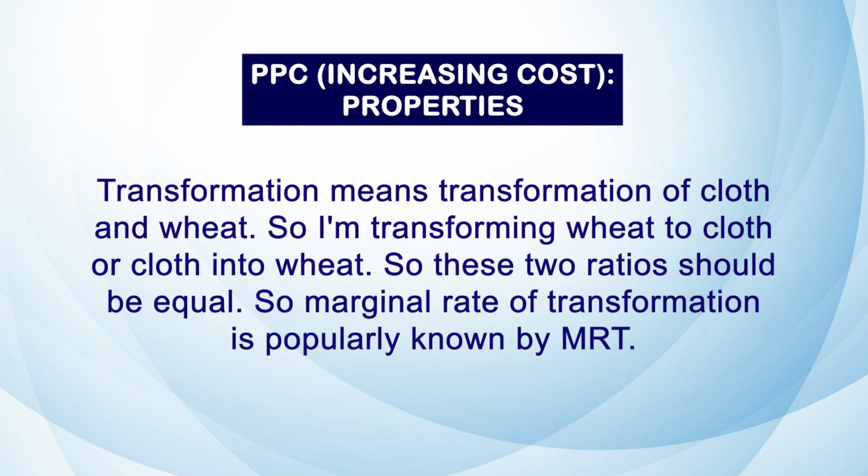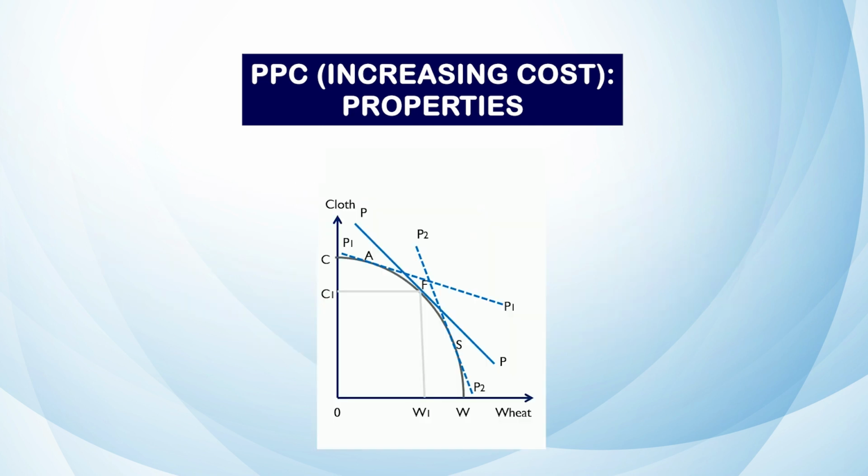So I am transforming wheat to cloth or cloth into wheat. These two ratios should be equal. The marginal rate of transformation is popularly known as MRT. That should be equal to the price ratio at point F. If this is the case, then the equilibrium will take place at point F, giving me OC1 amount of cloth and OW1 amount of wheat.